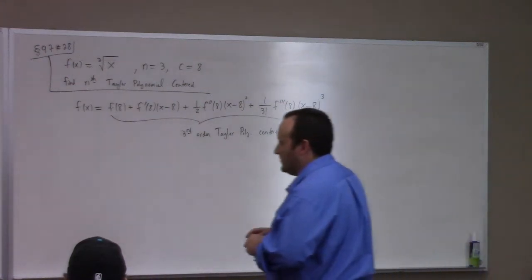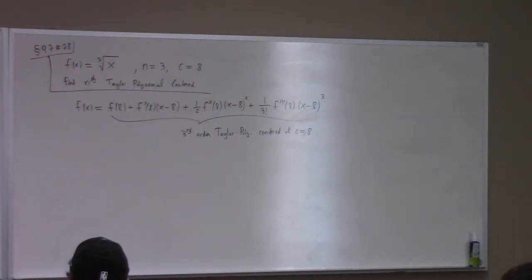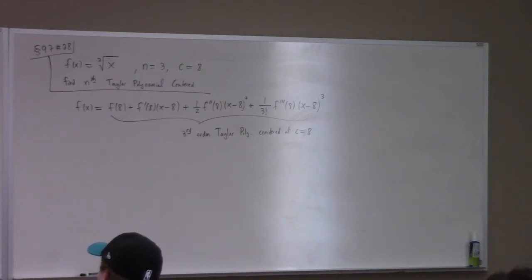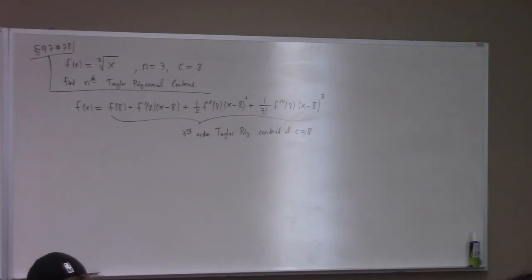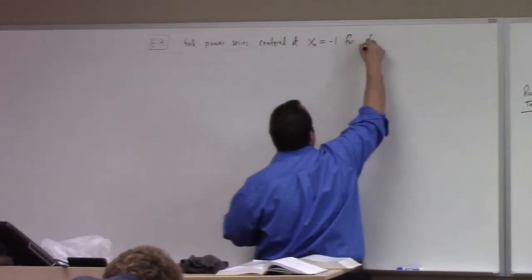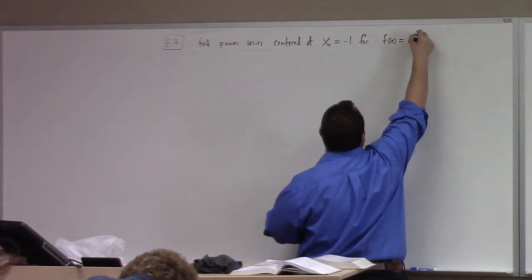Here, I'll give you another example. What if we wanted to find the power series for, let's say, e to the 3x centered at minus 1? Find the power series centered at x naught equals minus 1 for f of x equals e to the 3x.